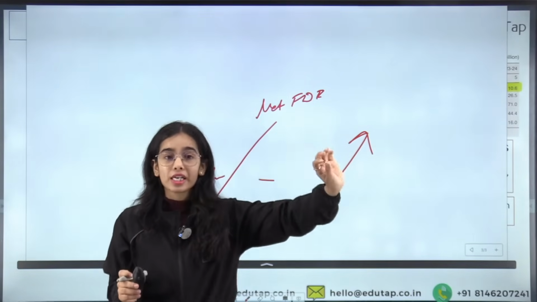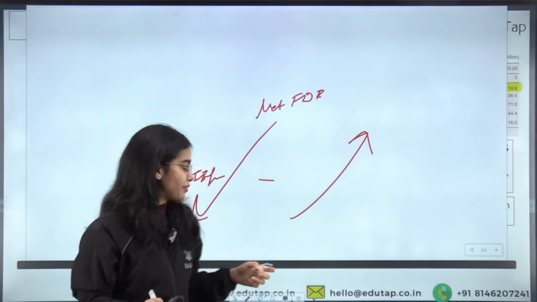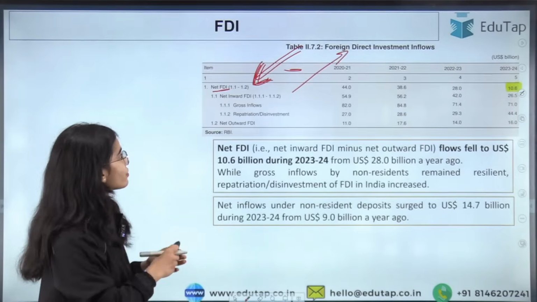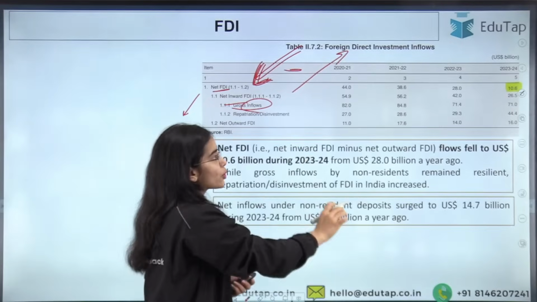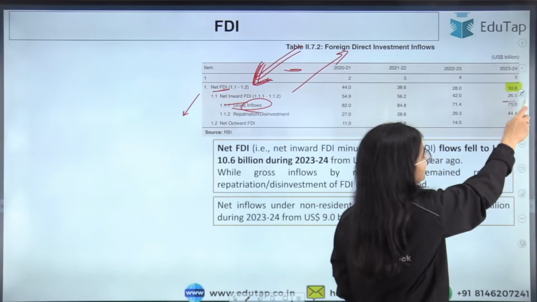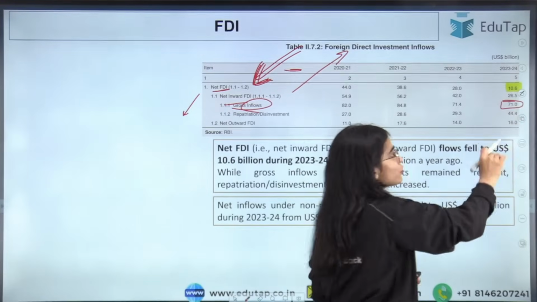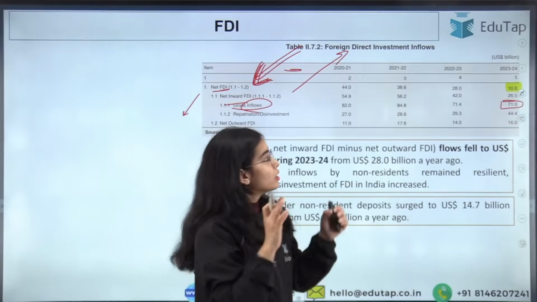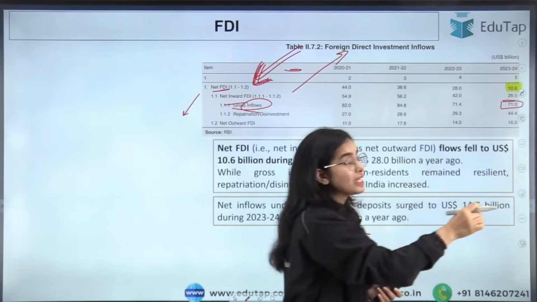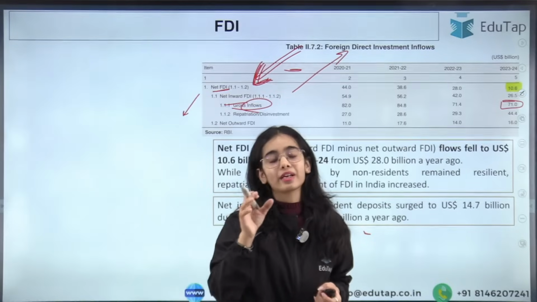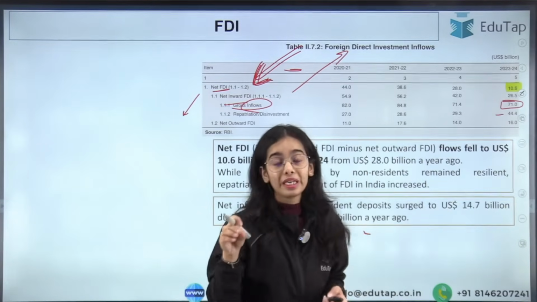That is repatriation, or disinvestment, for the FDI. So that's why here you have the net inward FDI. The FDI that came into the country, the gross inflows, were $71 billion. But from this we have to deduct the disinvestment done by the foreign investors. This disinvestment was $44.4 billion.